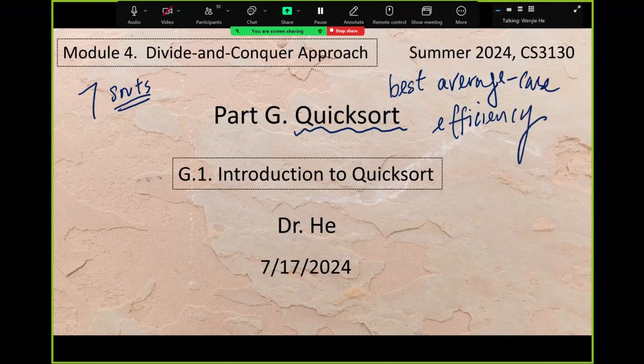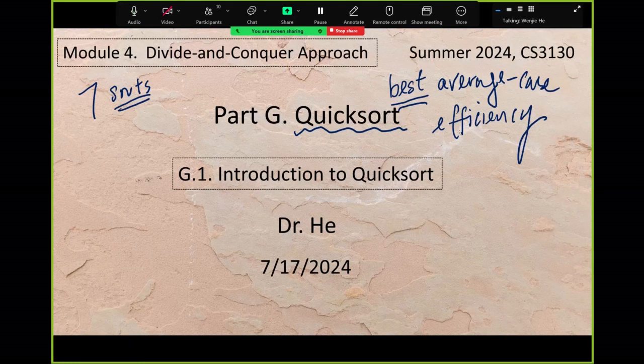When we do experiments, when we run many sorts, we apply them on the same set of data and look at the response time.